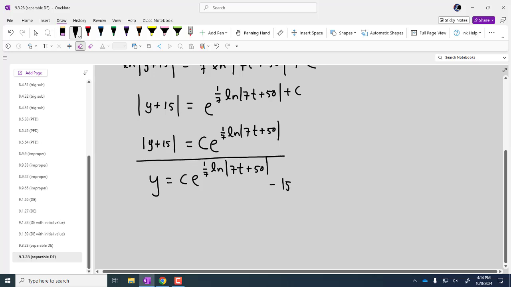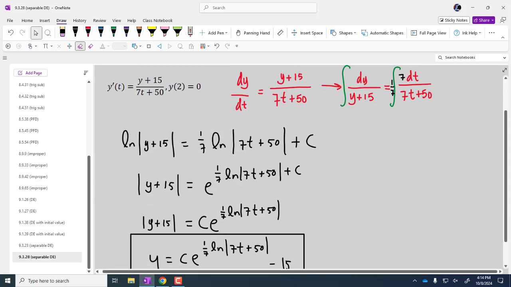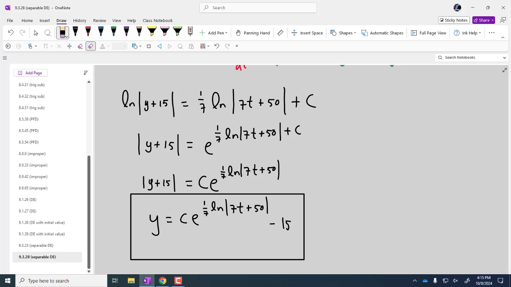So that is our explicit general solution. And then we would plug in the initial value and finish it off to get our particular explicit solution, which I'll write on the board in a minute.